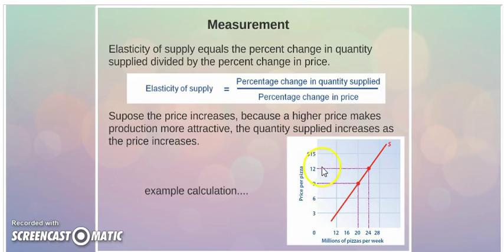And we would divide that by 12 minus 9 divided by 12, which is 0.25 or 25%. So 16.7% divided by 25%. Our elasticity of supply in this example is 0.67. Okay, let's try to remember that. And we'll go over a few more when you see me again.